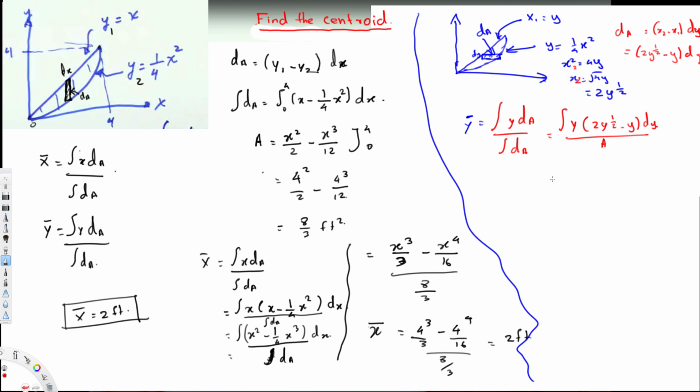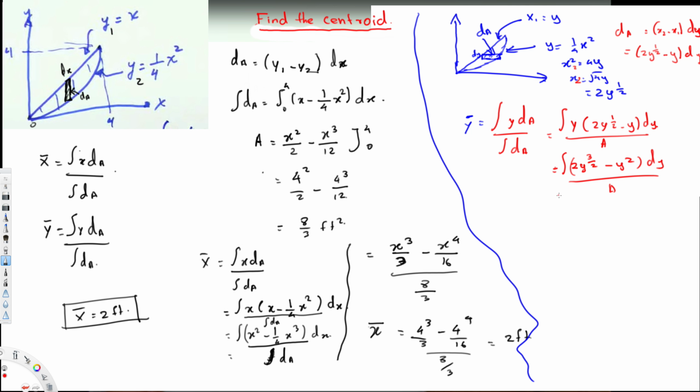If I multiply this out, it's going to be 2y to the power 3 over 2 minus y squared, times dy over A.